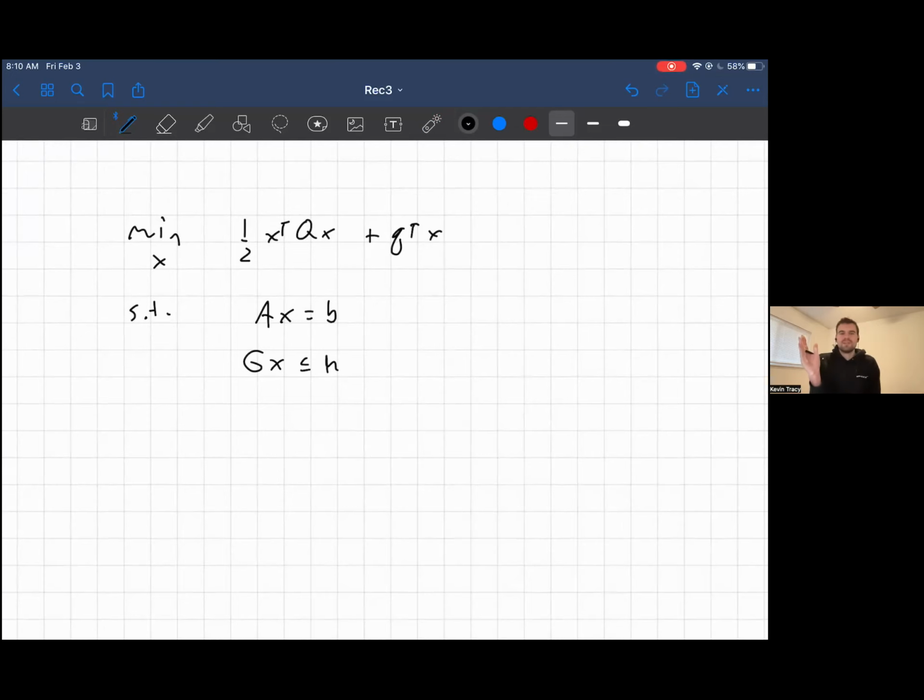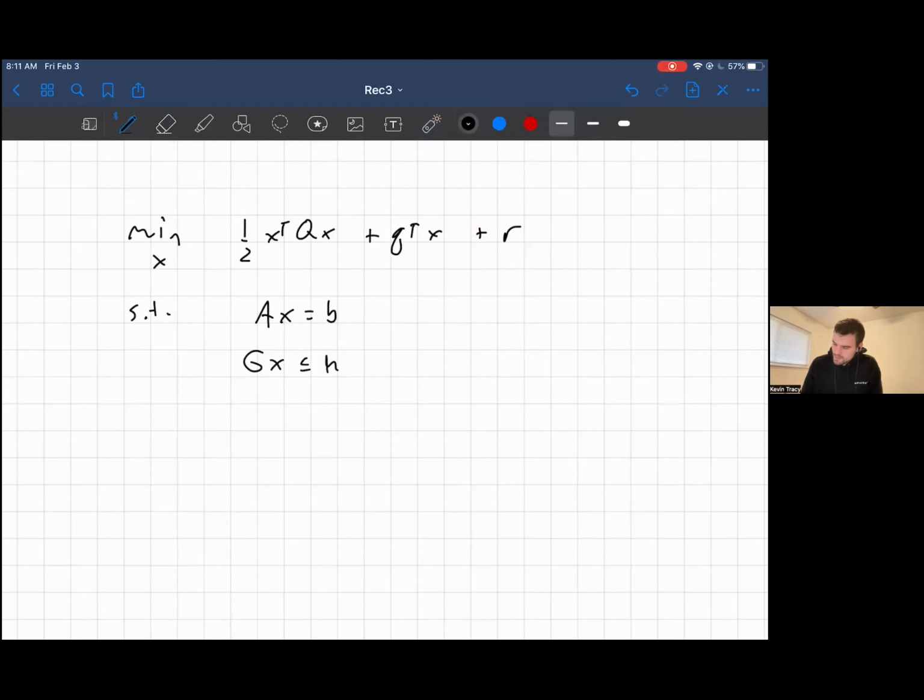So in this form, if I ever have a problem where I have a quadratic cost function, I can fit it in here, and again, I could have constant terms in here. I could have some constant that does not rely on x, but if I have a random value in my cost function that's a scalar and it does not depend on x, I can just forget about it and it doesn't change anything. It's not going to change the minimizing argument. Anything in the cost function that does not rely on x, we do not need.